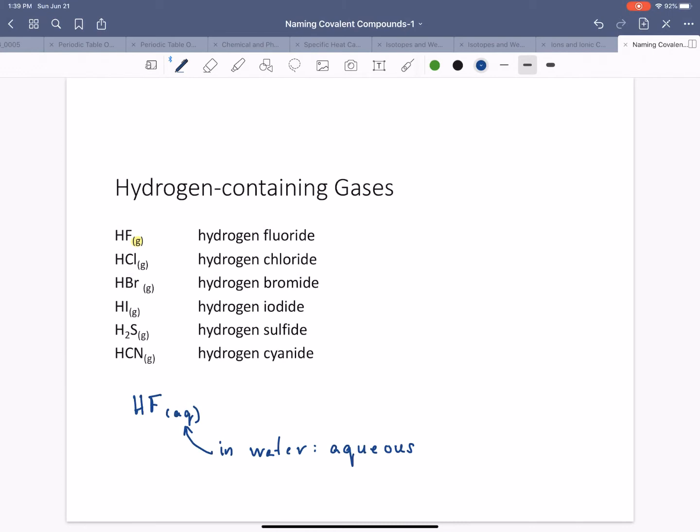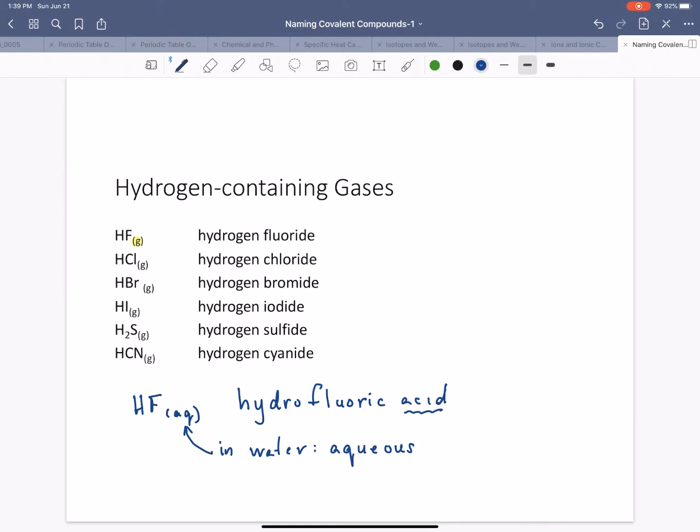And this aqueous mixture would be a solution. In this context, hydrogen fluoride has changed its name to hydrofluoric acid. And the reason it's named as an acid is because it behaves as an acid.